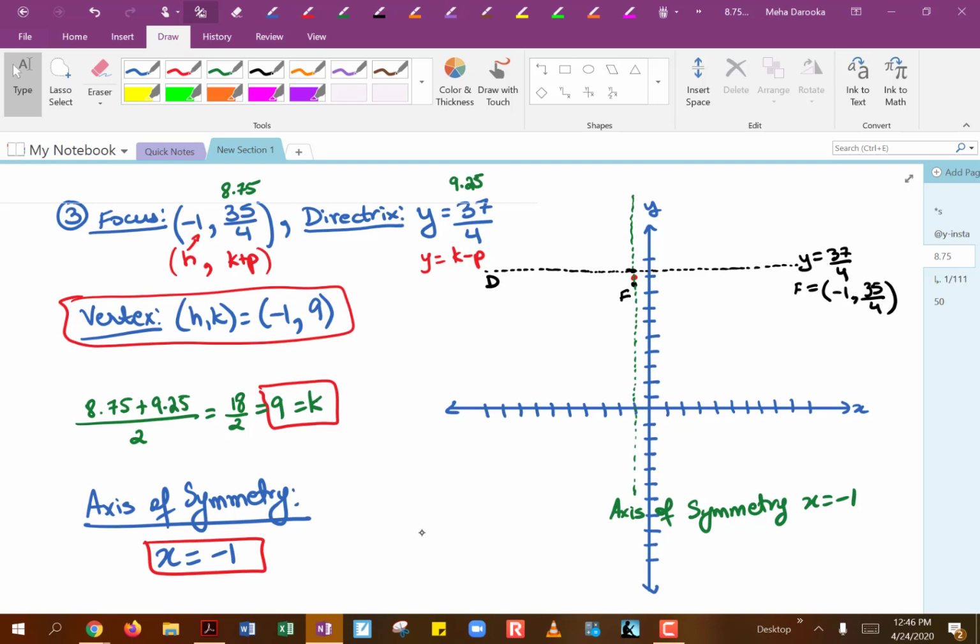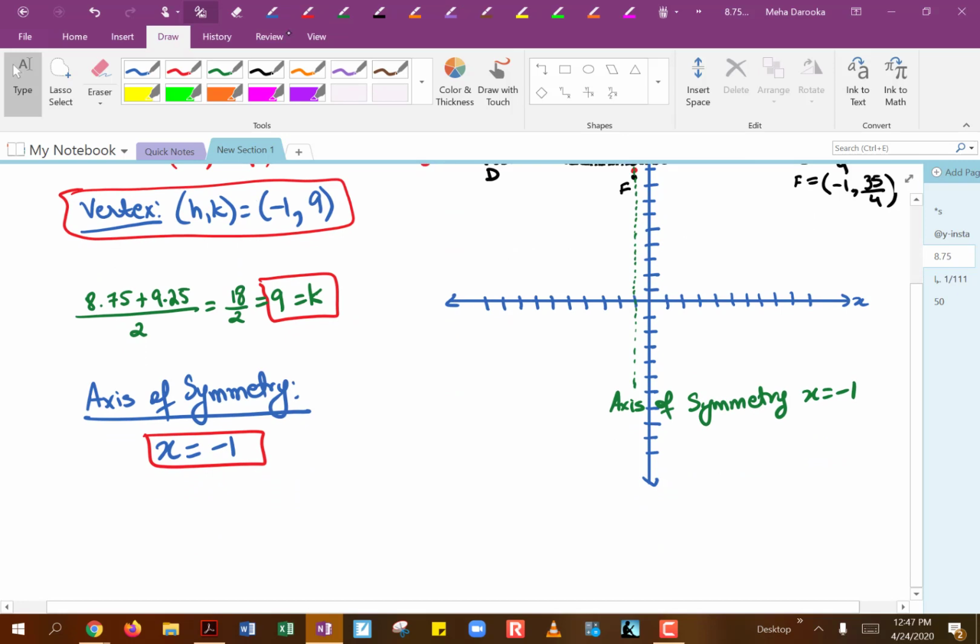So think about this. If the y-coordinate of my vertex is at number 9 and my focus is at 8.75, the distance between 8.75 and 9 is going to be 0.25, right? So you can think of this as 0.25, or basically as a fraction, as 1/4.